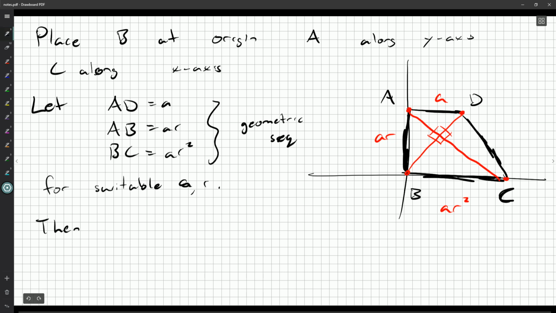So B is at 0, 0. We said that from the start. A is AR above that. D, you go out by A, so it'll be A, 0. And C is at AR squared, 0, because it's along the x-axis.